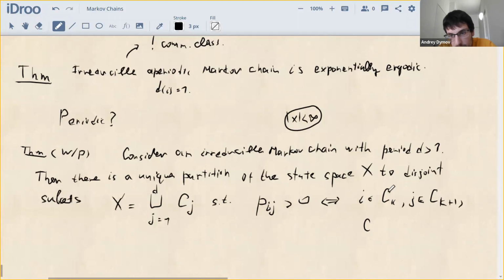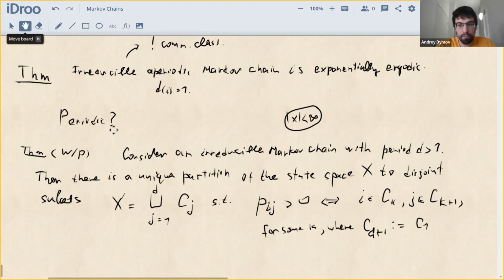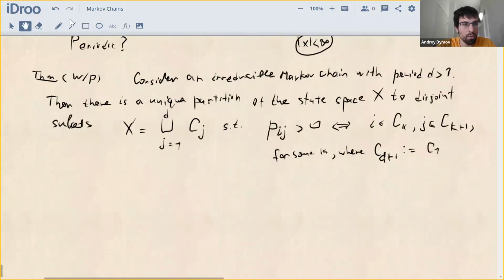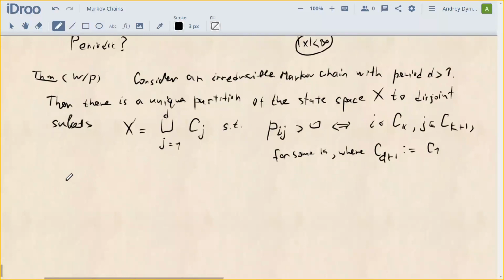So in such notation, I should explain what C_{d+1} is: I just denote C_{d+1} as C_1. So this is a cycle, and this should hold for some k, where C_{d+1} is the same as C_1. So k depends on i and j, right? Yeah, sure.